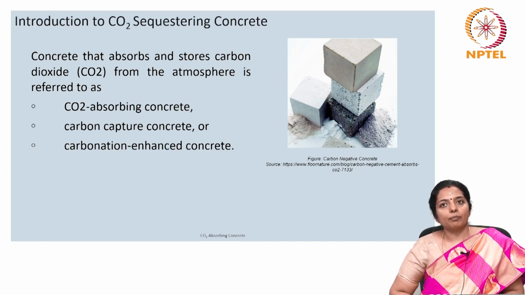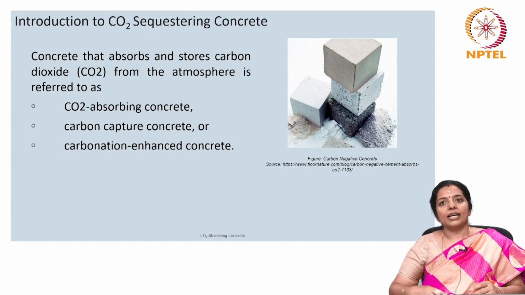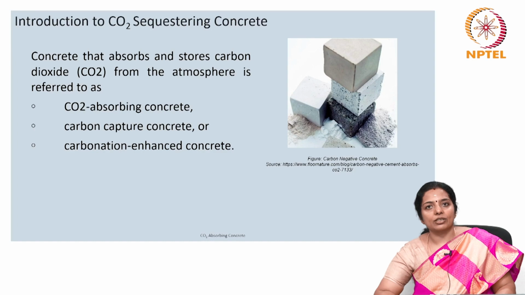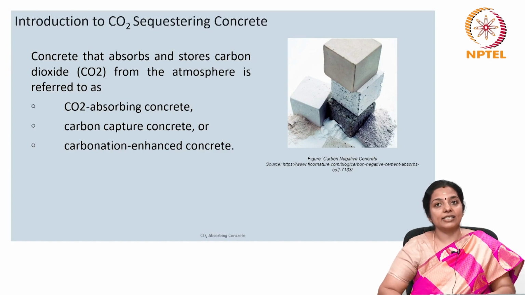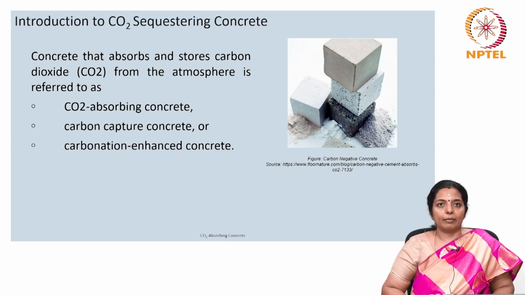The manufacturing process of conventional concrete releases carbon dioxide, which increases the greenhouse gas emission. But this concrete actually absorbs carbon dioxide and tries to lessen this influence on the environment, and thus it becomes more like a green concrete.